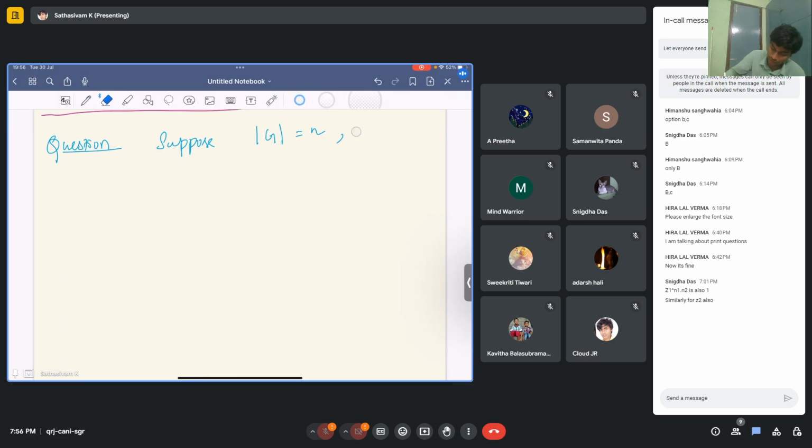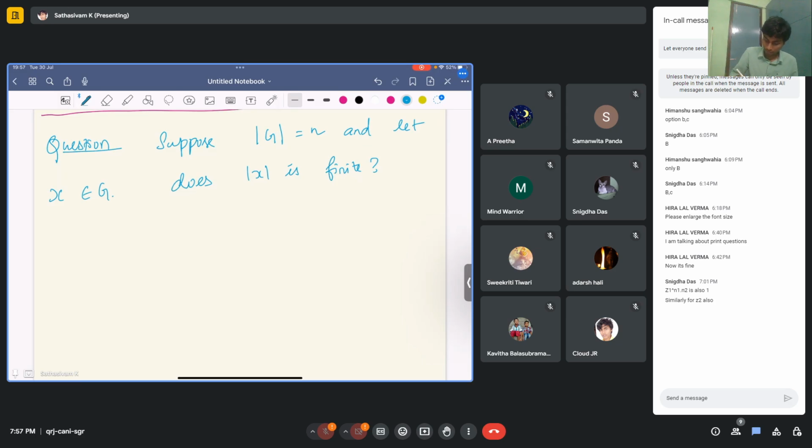And let x belong to G. The question is, is the order of x finite? Because we are working with a finite group, in a finite group does every element have a finite order? That seems reasonable, right? And it is actually true. In a finite group, every element has a finite order.